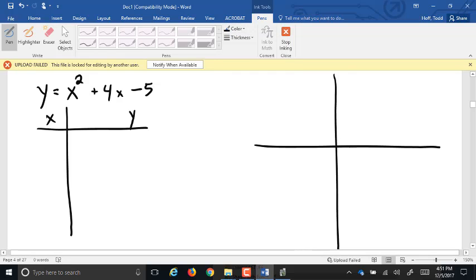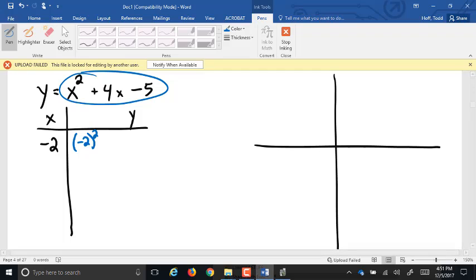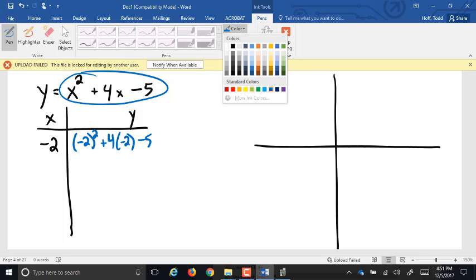Let's say I pick x equals -2 again. I'm going to put -2 in over here for x to figure out what y has to be. So x squared becomes (-2) squared. Notice I put that in parentheses. Many of your calculators, you're going to have to put it in parentheses to enter in your calculator so that it does it correctly. Plus 4x becomes 4 times -2 minus 5.